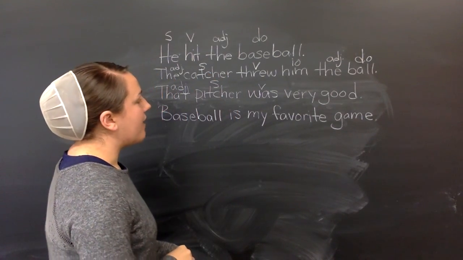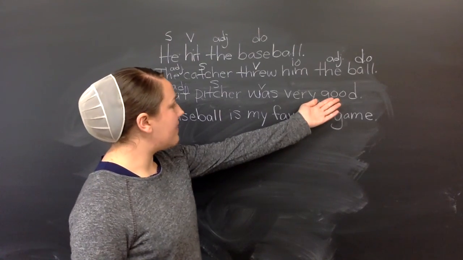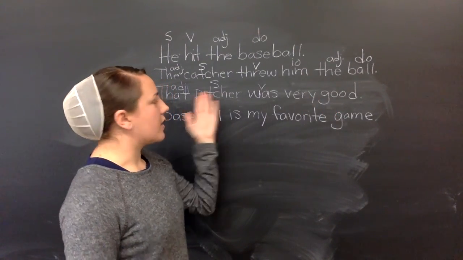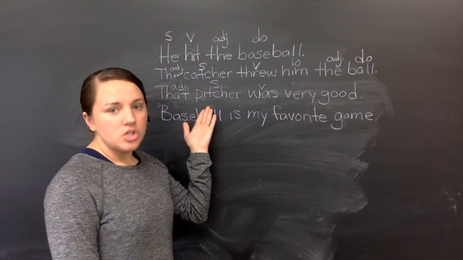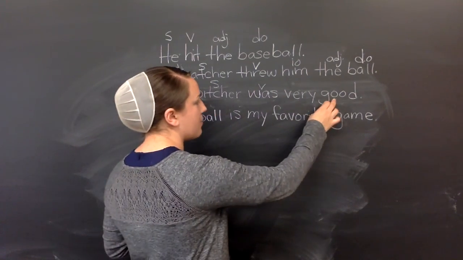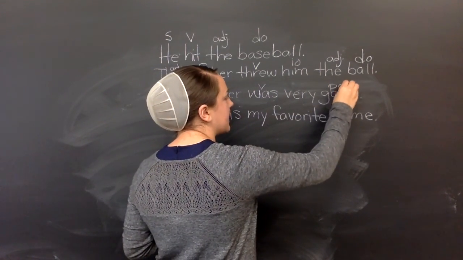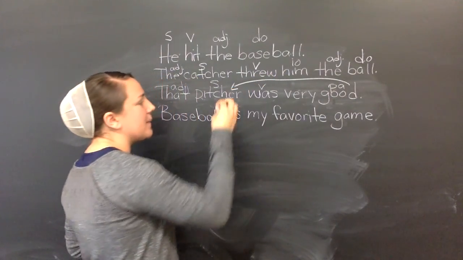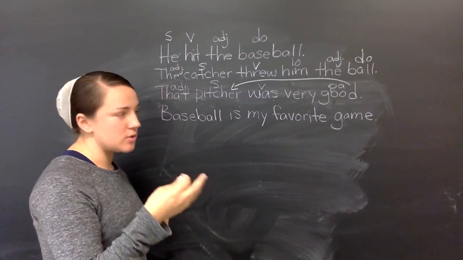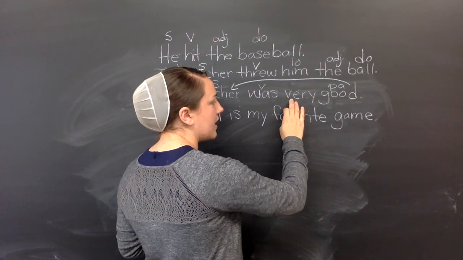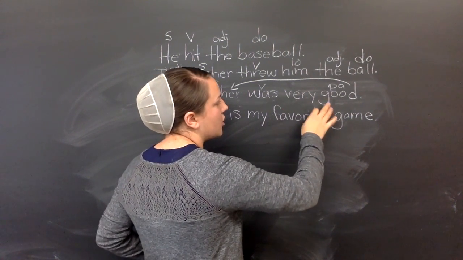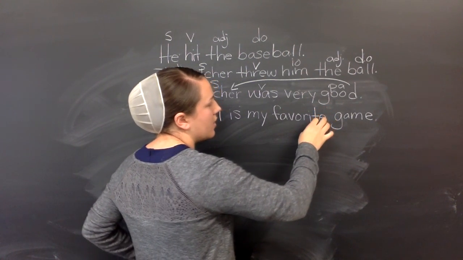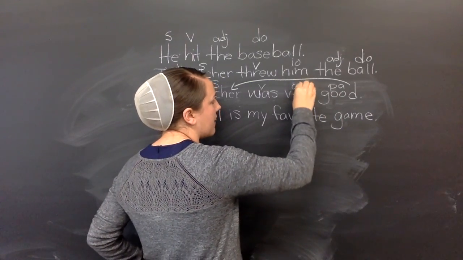So we have good, and that is describing our subject, okay? So that means this is a predicate adjective. Good is describing picture, and it comes after a linking verb, so it's a predicate adjective. Very is describing good. So very would be an adverb here.